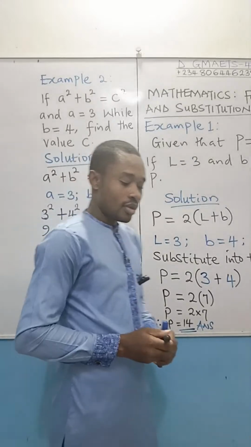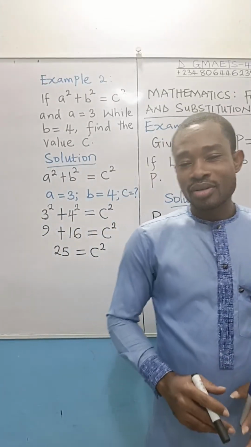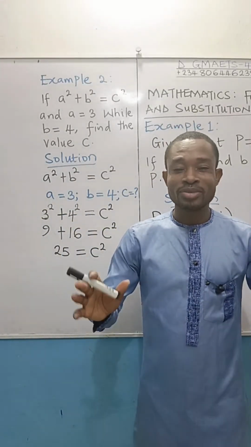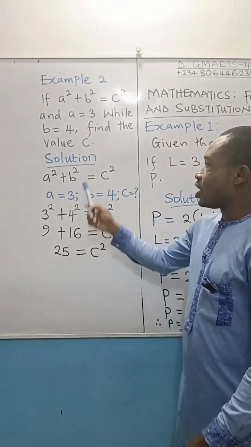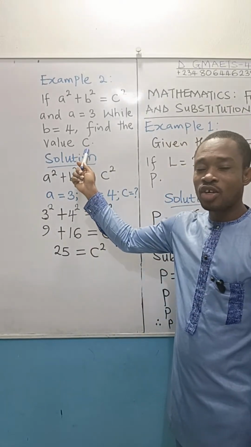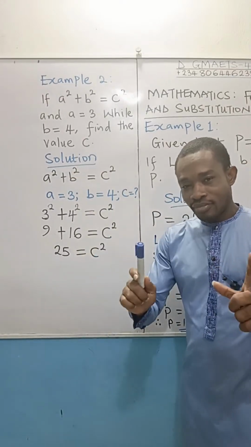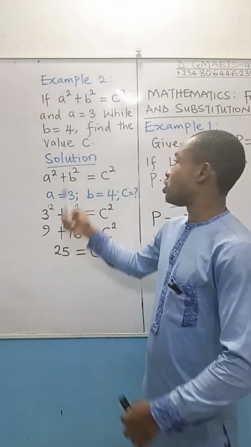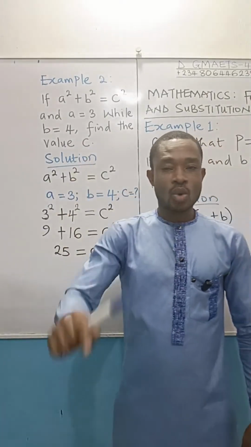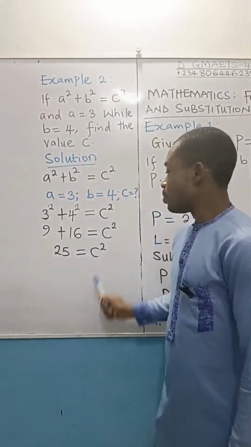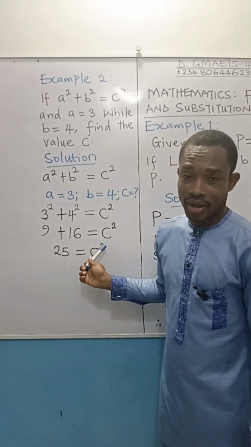Good. At this point, what do we now do? Look at the question. What we are looking for is the value of C, not C squared. Take note. We are looking for the value of C, not C squared. Therefore, we must find a way to remove this square.